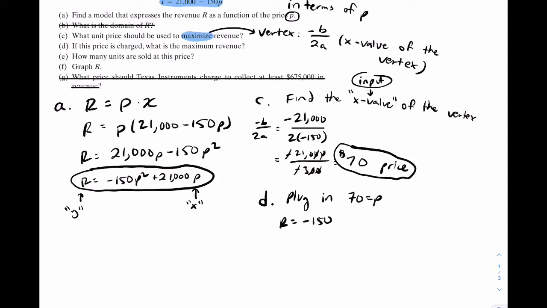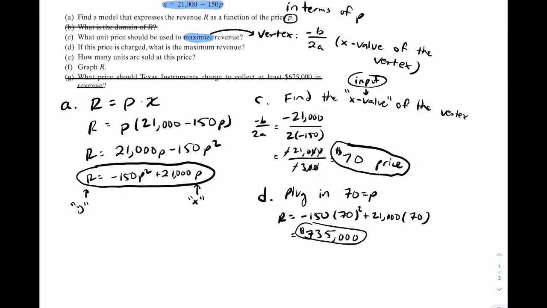Negative 150 times 70 squared plus 21,000 times 70. After you plug that in your calculator, you're going to get $735,000, which means if we sell our calculators at $70, that will maximize our revenue, and we'll get expected about $700,000.